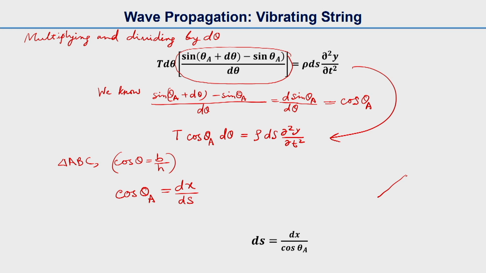So basically if we have the line segment ds, and this one is dx, so this is cos theta a. You can get an expression finally like this, ds will be equal to dx divided by cos theta a.